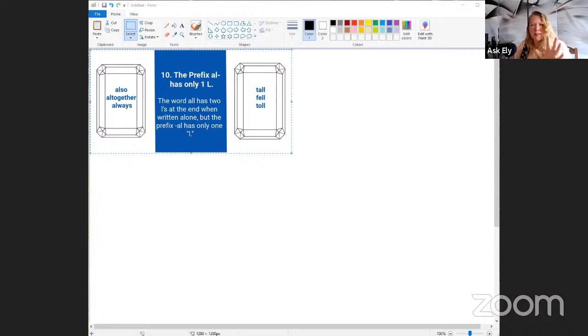I want to clarify prefixes and suffixes. A prefix, as I've said, is a word part that's added to the beginning, right? And it changes the word's meaning. And a suffix is a word part added to the end of a word, and it also changes the word's meaning, right?